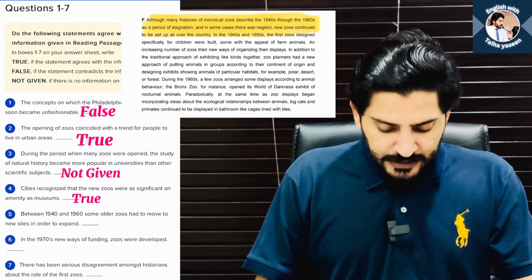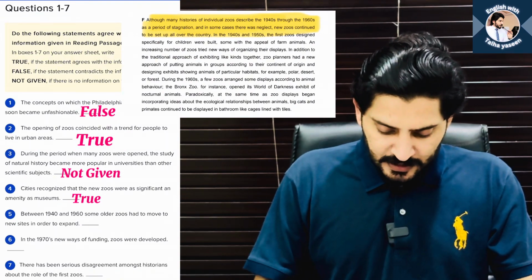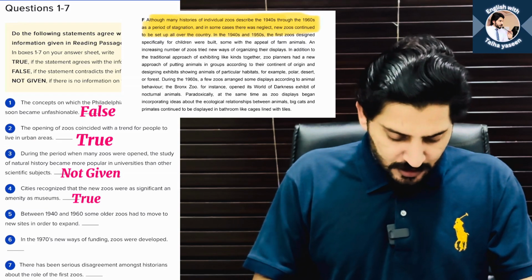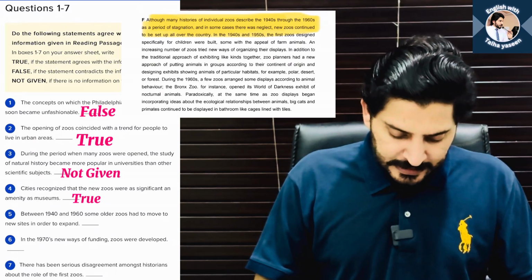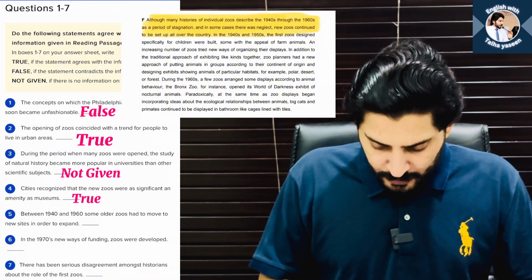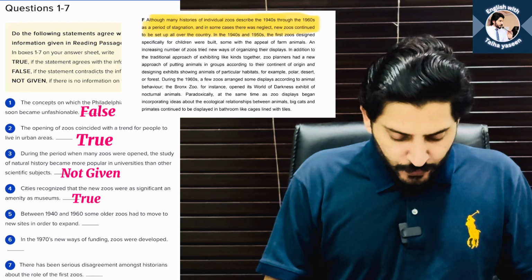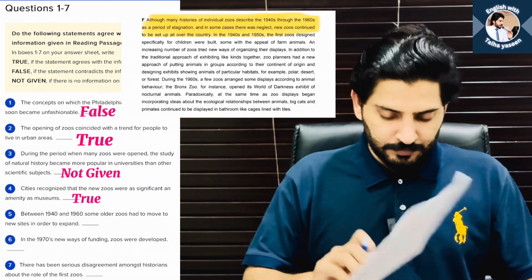Although many histories of individual zoos describe the 1940s through the 1960s as a period of stagnation, and in some cases there was neglect, new zoos continued to be set up all over the country in the 1940s and 1950s. The first zoos designed specifically for children were built.